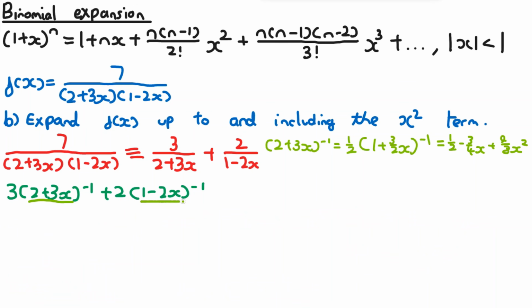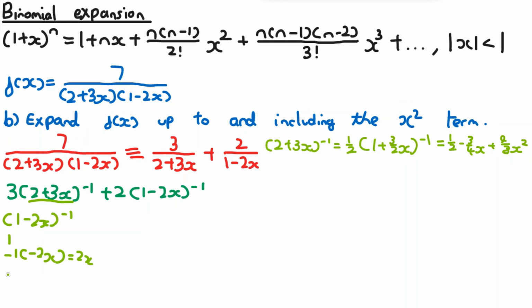And then let's expand this bracket here. So this is (1 - 2x) to the power of minus 1, like this. So the first term is going to be 1. The second term is going to be minus 1 times x, which is minus 2x, which is equal to 2x.